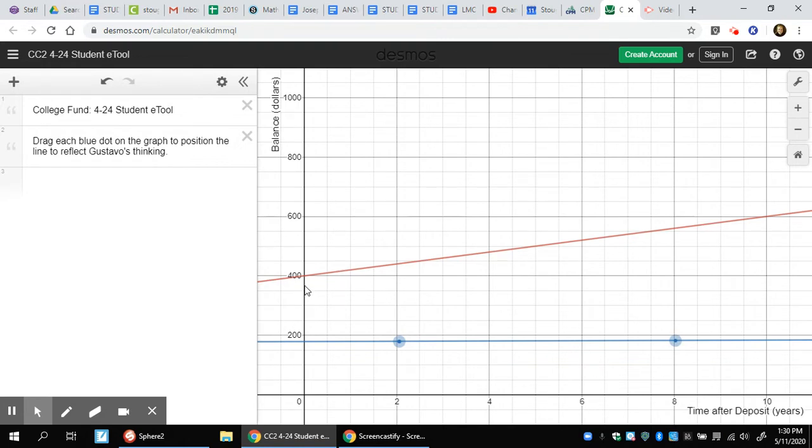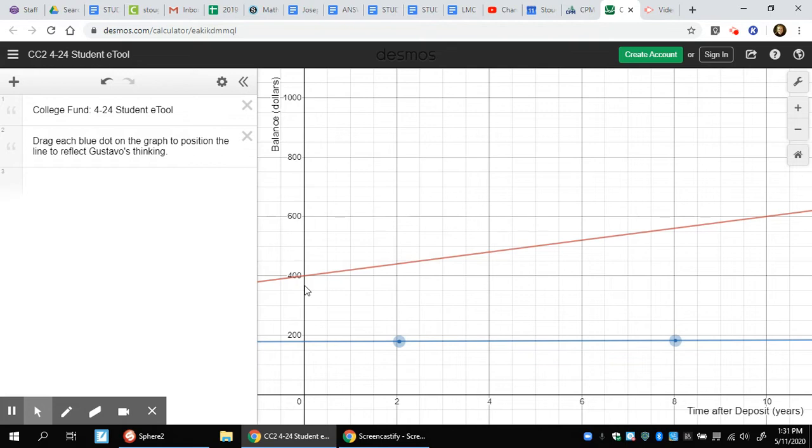The money started at $400. I'm going to write it down and we'll circle it. So we started at $400.